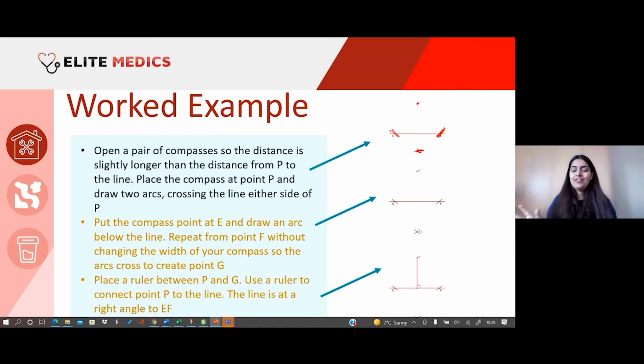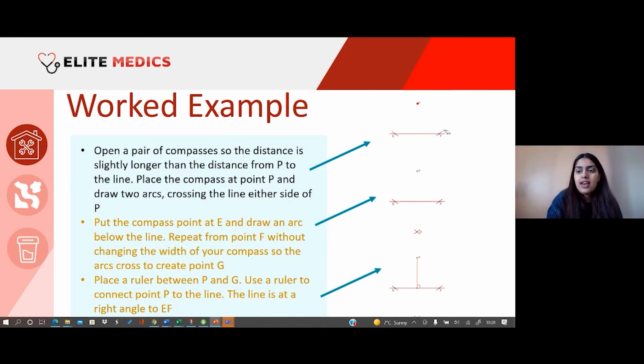Okay, so hopefully everyone's done that. Essentially, start with your compass, pull the pencil bit slightly away from the actual line, and then using the same width, intersect the line at 2 points using your compass.